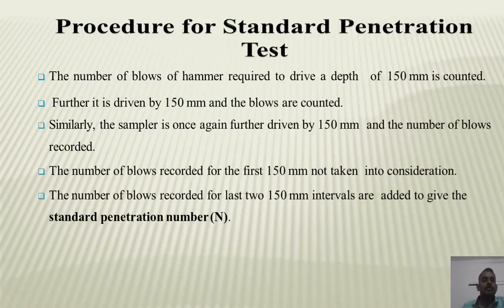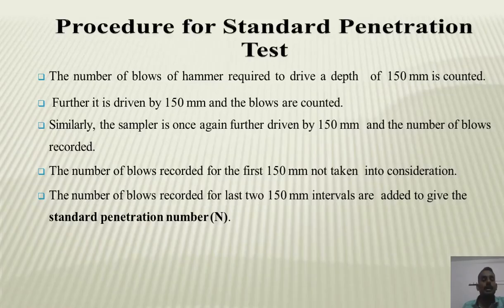The number of blows of hammer required to drive a depth of 150 mm is counted. Further, it is driven by 150 mm and the blows are counted. Similarly, the sampler is once again driven to a depth of 150 millimeters and the number of blows is recorded. The number of blows recorded for the first 150 mm are not taken into consideration as it is a seating drive.